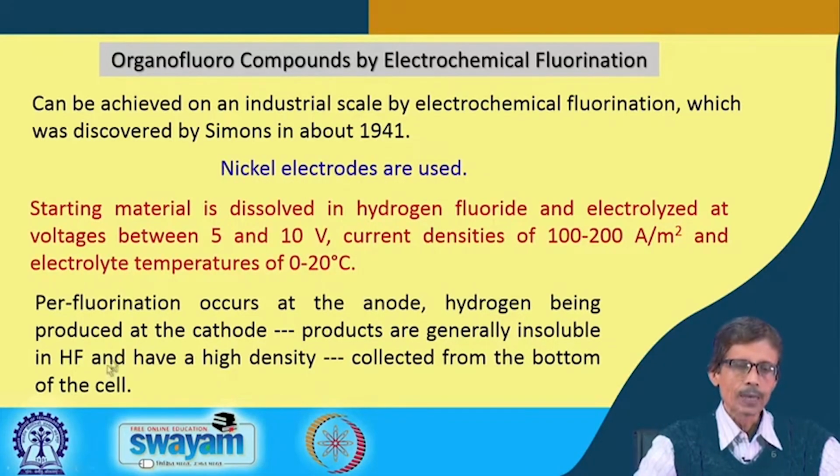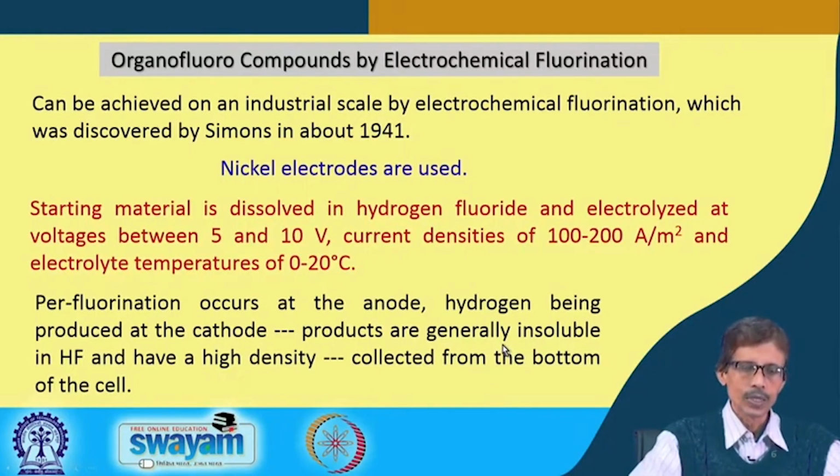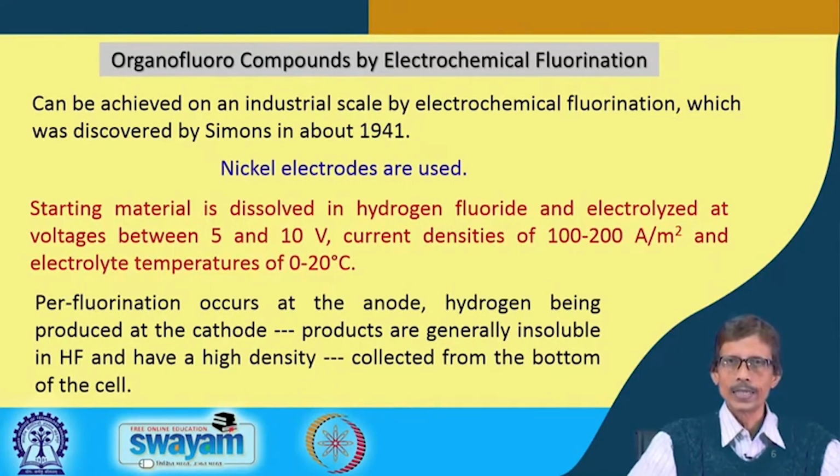So, the products that are formed most of the time, if we can consider this, that is also very useful to consider, that your starting material is soluble in hydrofluoric acid or HF, but your product is insoluble in HF.